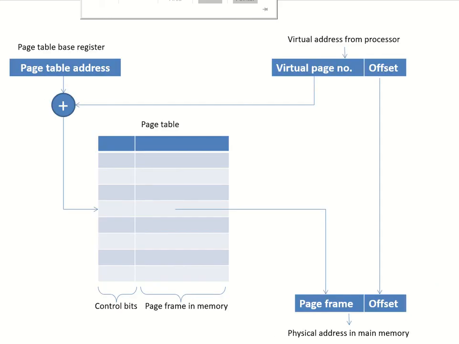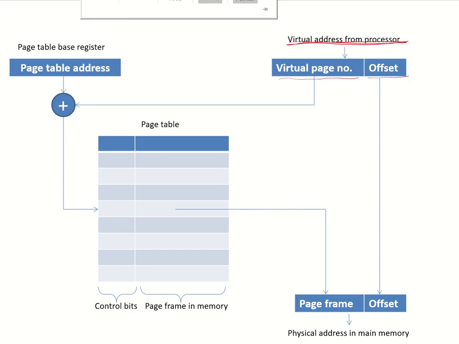Suppose a virtual address is generated by the processor, and as discussed, it consists of two parts, the virtual page number and the offset. We know that the size of the page frame is the same as the size of the page.